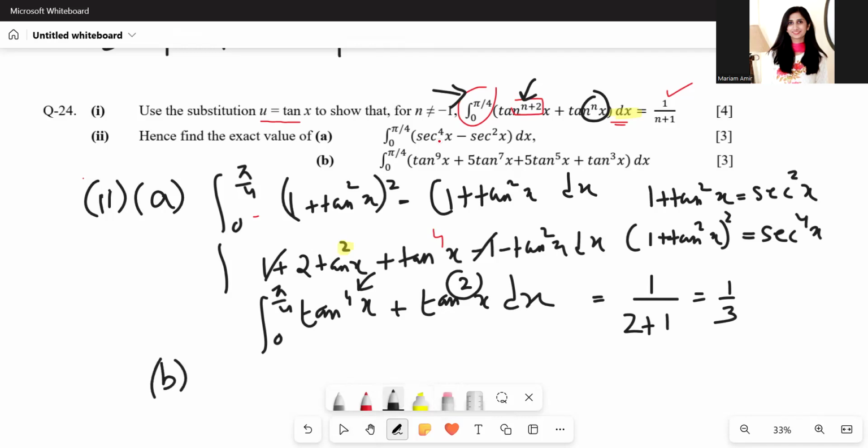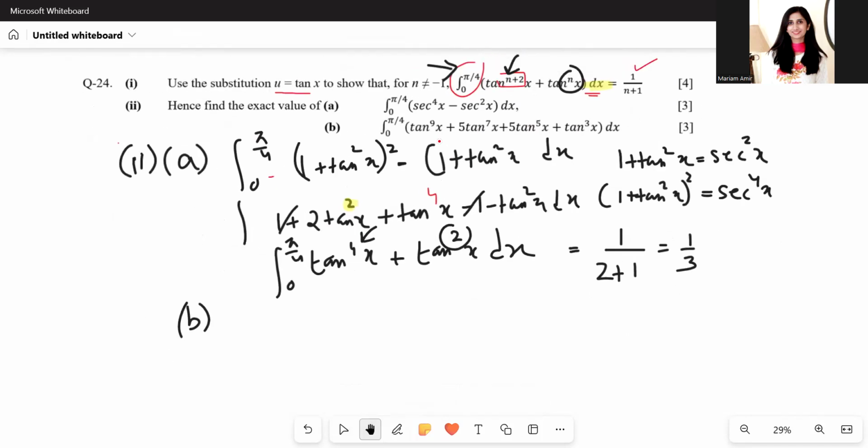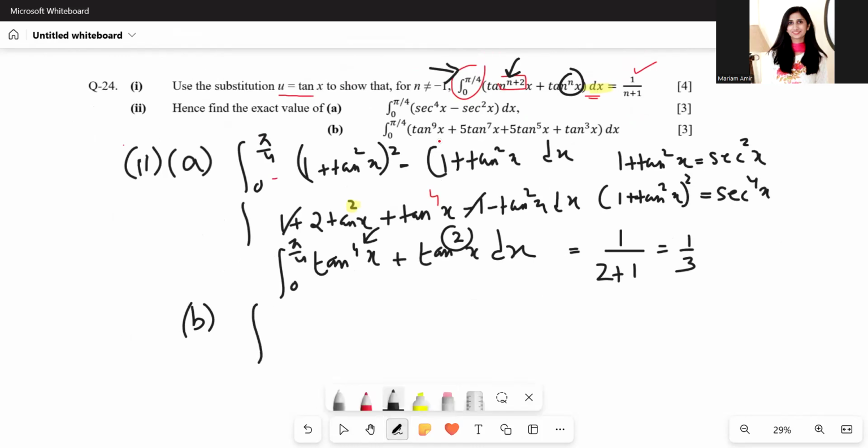Part B. In part B, we have to integrate from 0 to pi by 4 tan power 9x. After tan power 9x, we should have tan power 7x if we want to use the result of part A. But here we have 5 tan power 7x. So what we'll do is write it separately. We'll write 1 tan power 7x separately, and then 4 tan power 7x separately.